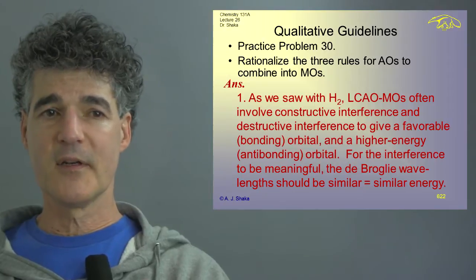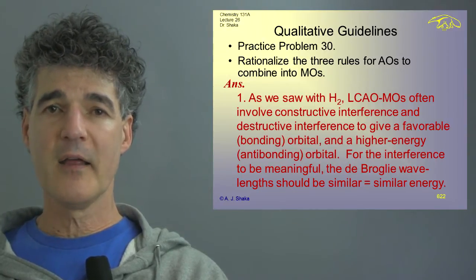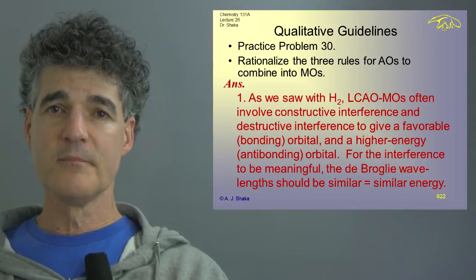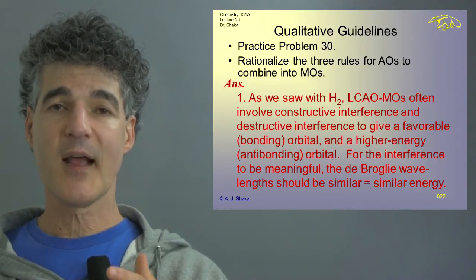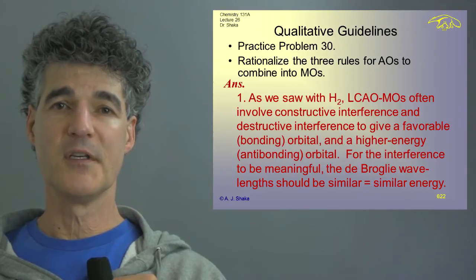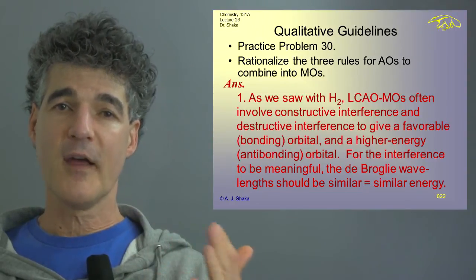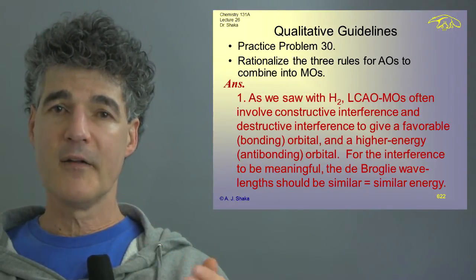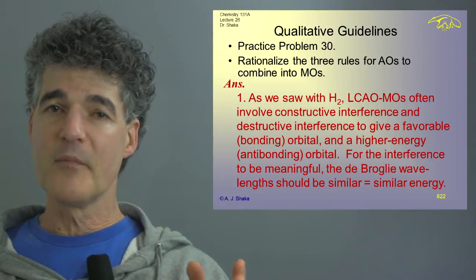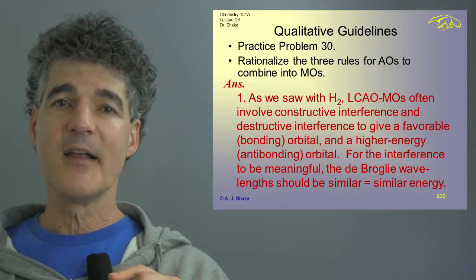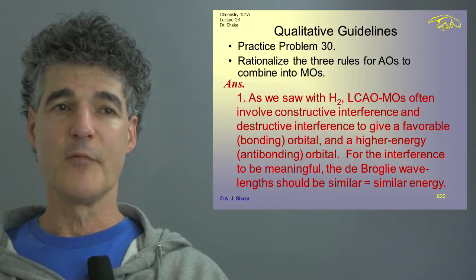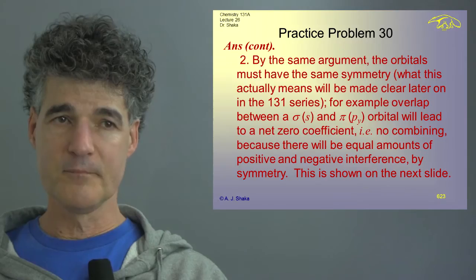And so that is a rationale then for why the atomic orbitals should have similar energy. Doesn't have to be exactly the same, but they shouldn't be too disparate. Or when we do the calculation, what we'll find is that if we include them, they come in like the 2s did with a tiny, tiny coefficient, and we aren't any better off.